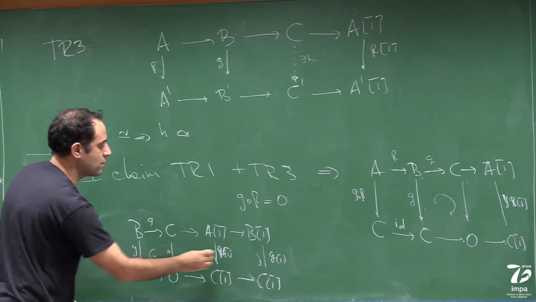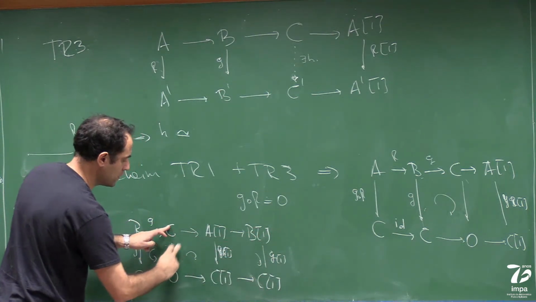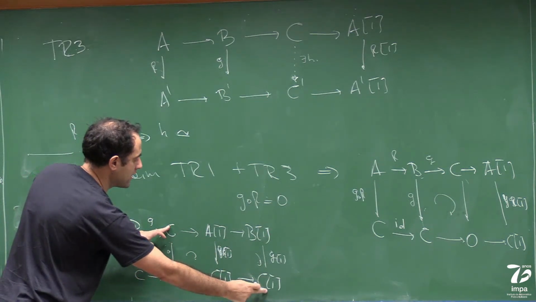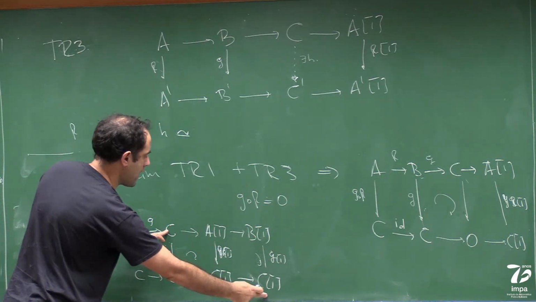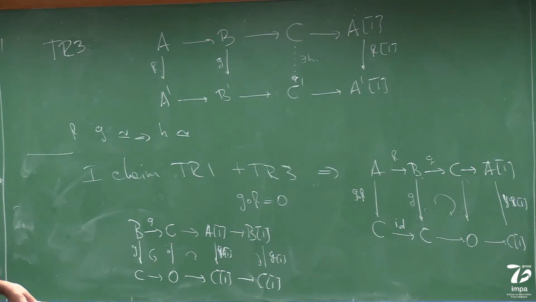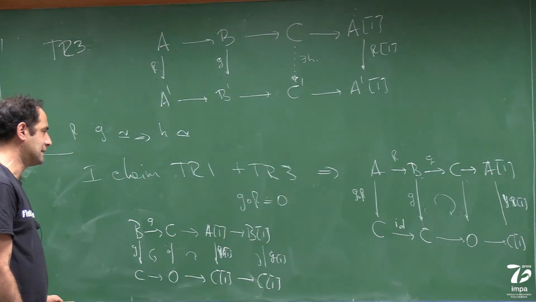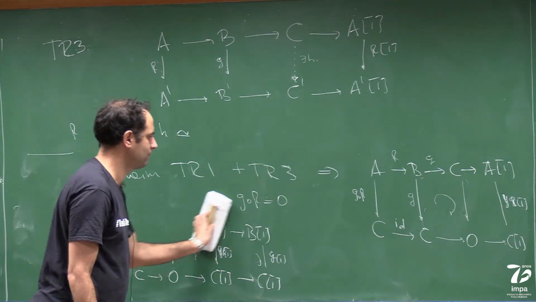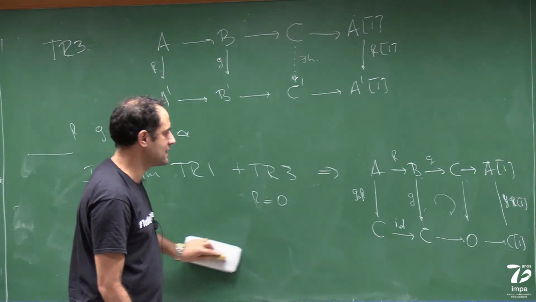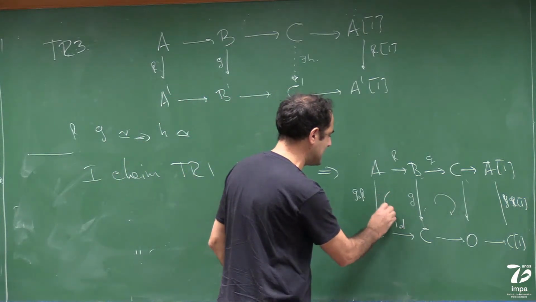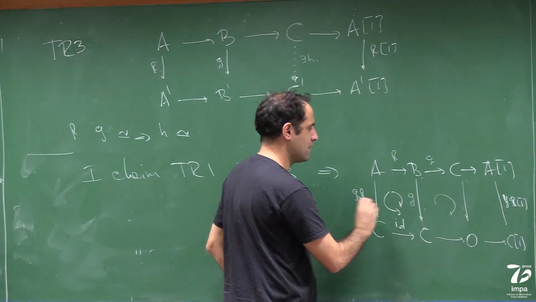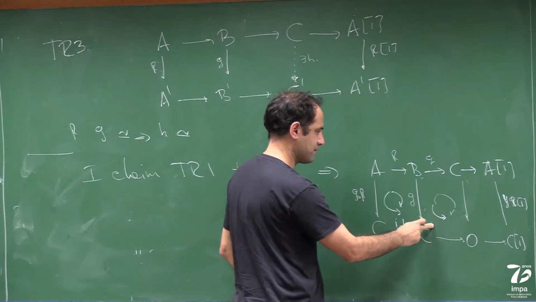But then since this guy commutes and this whole diagram commutes, this way you get 0, and this way, I need to check that one commutes now. Shit. Okay. And I'm already 1 minute late. So the question is, why does this diagram commute here? We've checked that this diagram commutes. This diagram commutes.